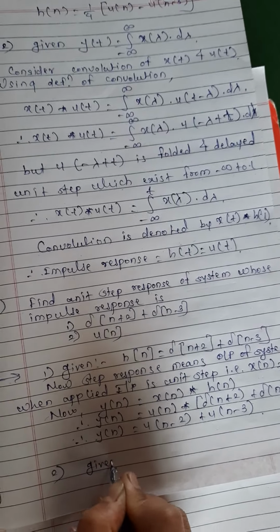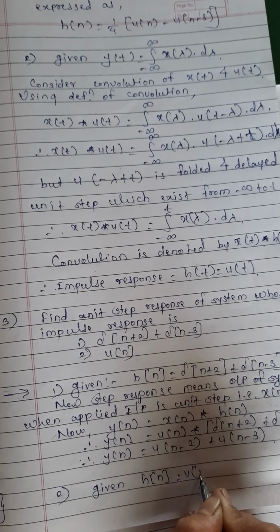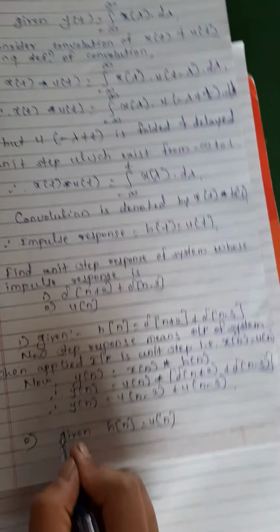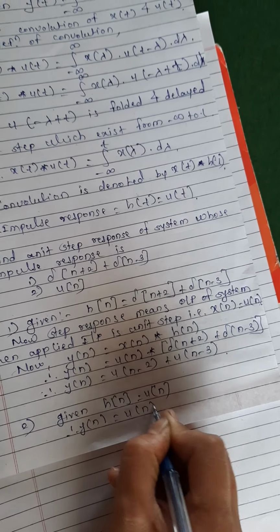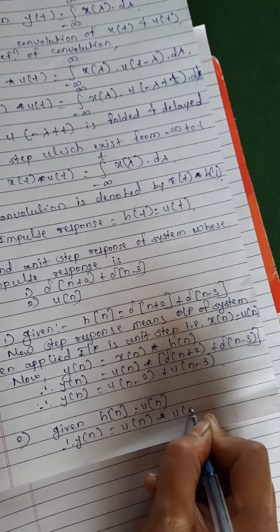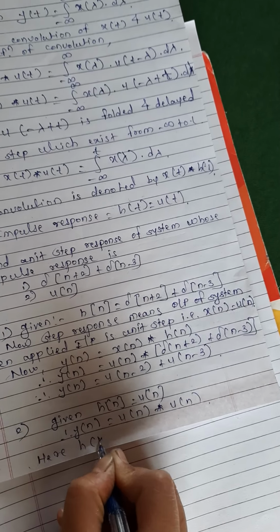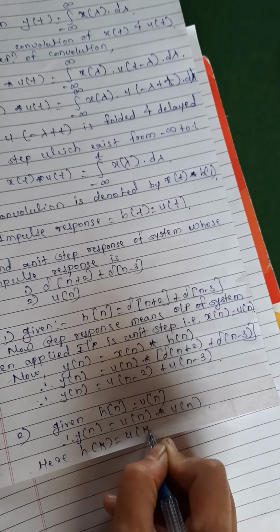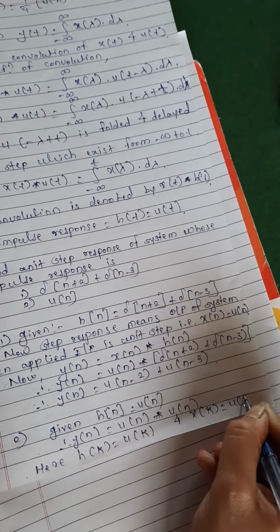Now the second problem. Now what is given? Given is that h of n is equal to u of n. Therefore y of n is equal to u of n convolved with u of n. Now here h of k is u of k and x of k is u of k. We consider these two different terms.